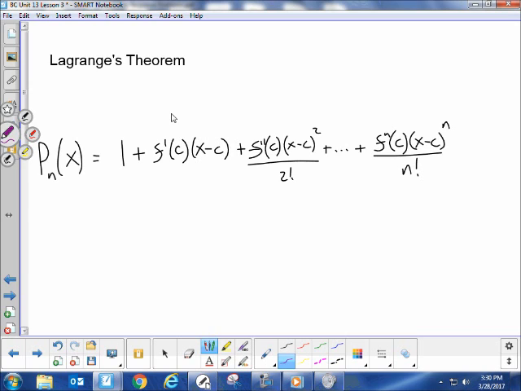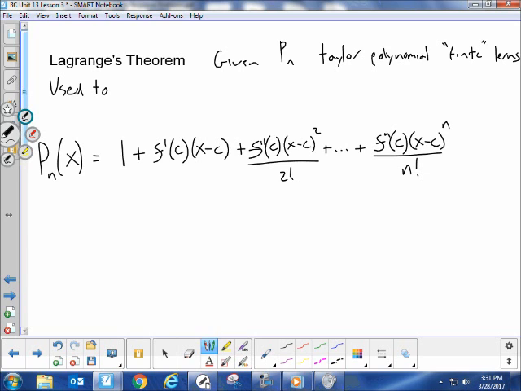So the theorem says if we have a finite Taylor polynomial, polynomial means we have finite terms, it's not a series, used to approximate some function.